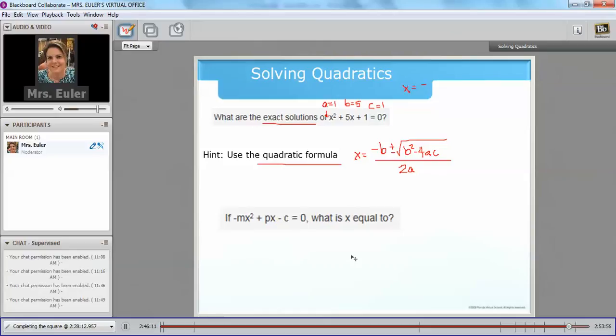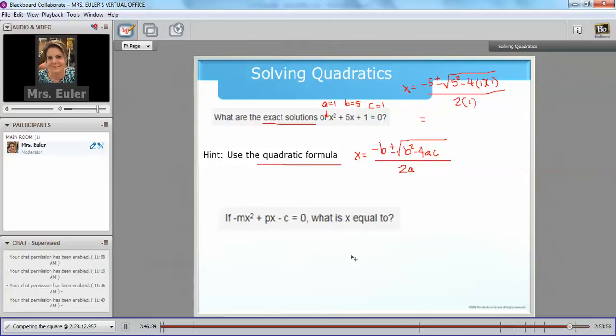So negative 5 plus or minus the square root of 5 squared minus 4 times a, which is 1, times c, which is 1, all over 2 times a.